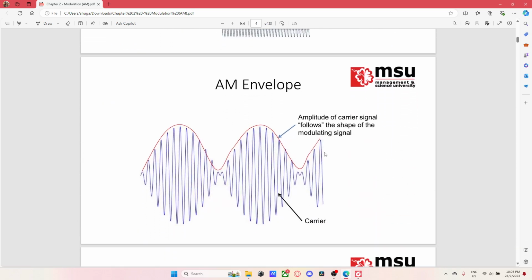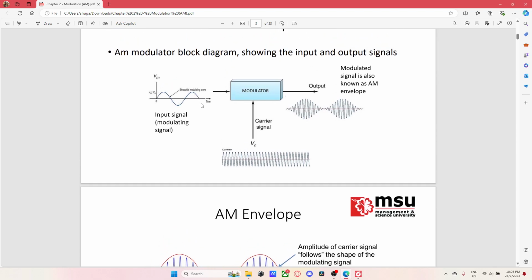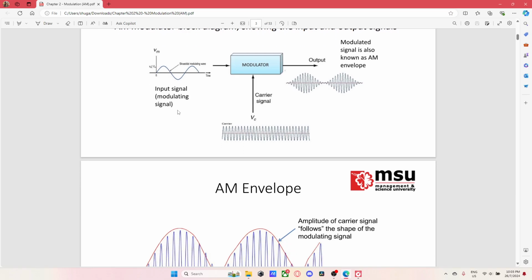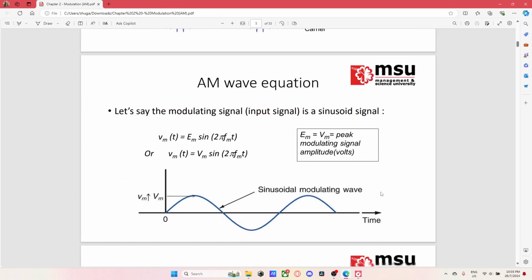The input signal is a sinusoidal modulating wave, or sine wave, which will change the shape of the carrier signal. So this carrier signal in blue will change shape according to the red signal, which is the modulated signal.